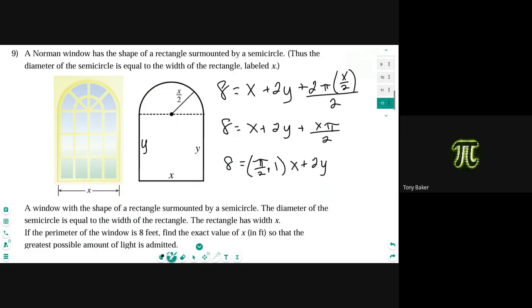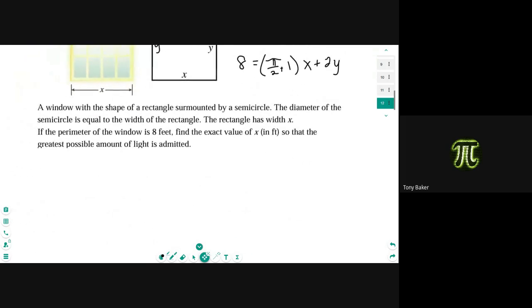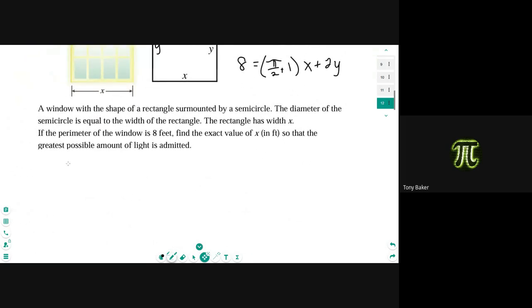All right, so I've got to solve this for, let's solve it for y. So I have 2y equals 8 minus pi over 2 plus 1 x.